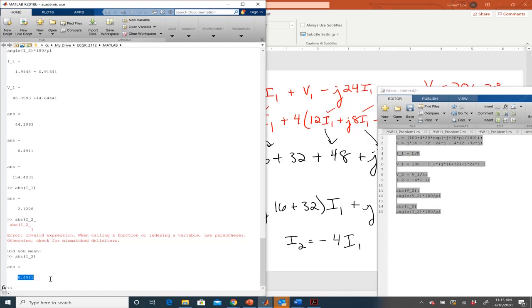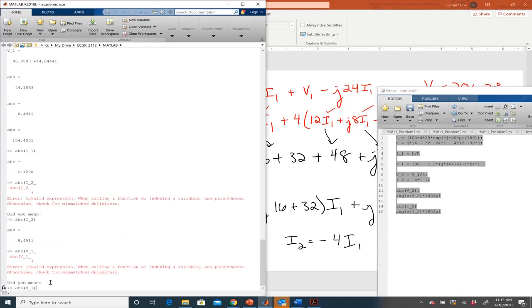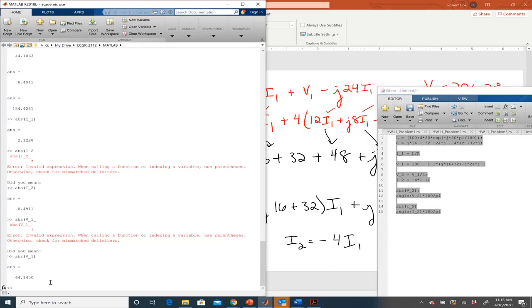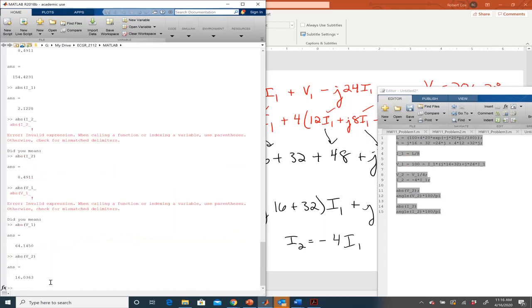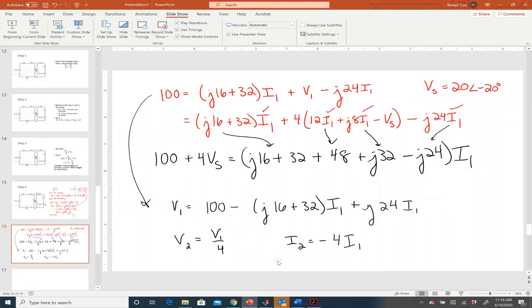Exactly like what we would say, right? And so the magnitude of V1 is 64. The magnitude of V2 is 16. So again, 1/4. So the side with more windings has a higher voltage. The side with fewer windings has a higher current. Exactly like what we would have expected.